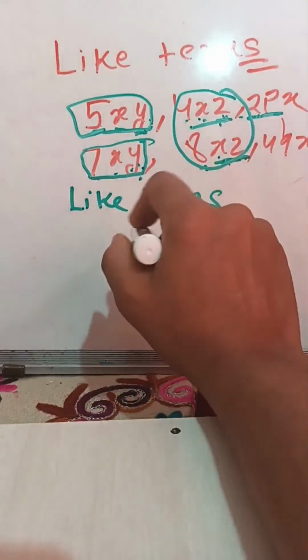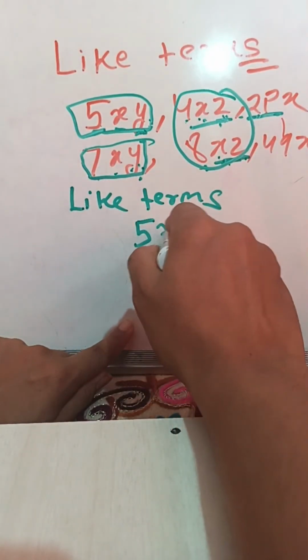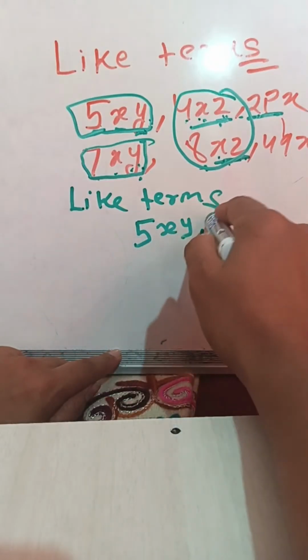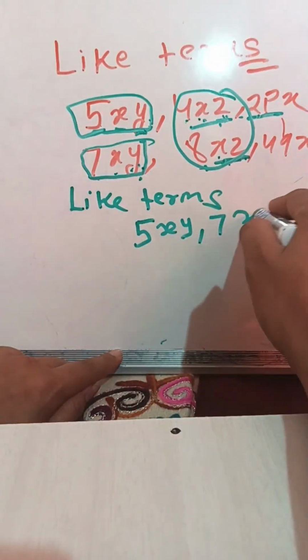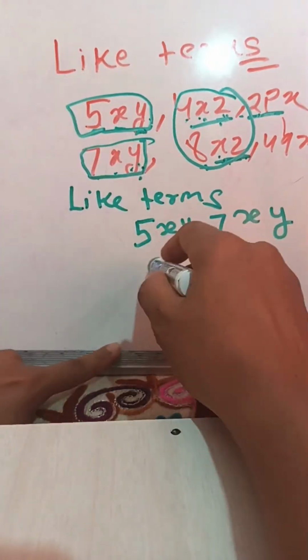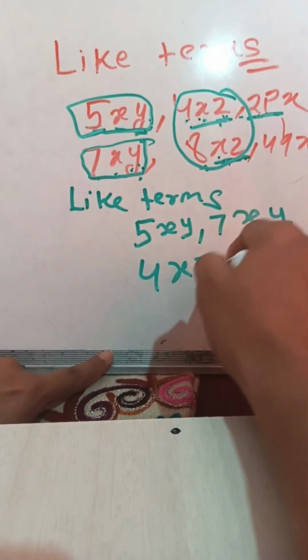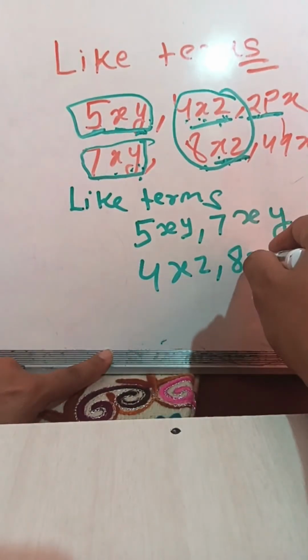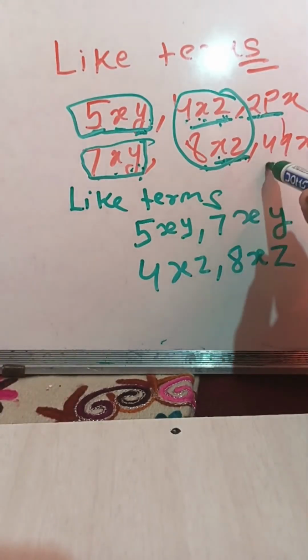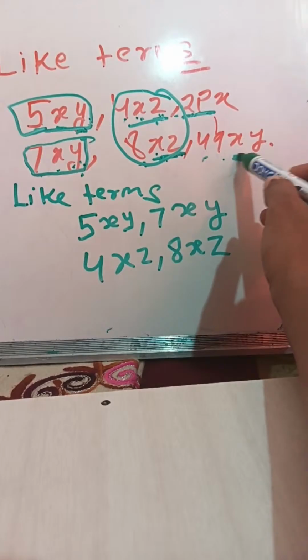Once we write down what we found: 5xy and 7xy, both of these are like terms. 4xz and 8xz, these two are also like terms. Last we'll check 49xy.